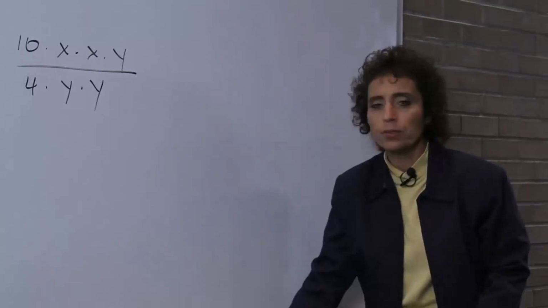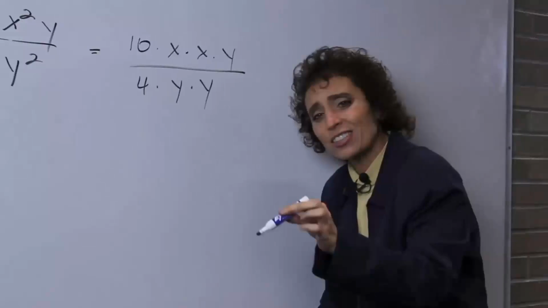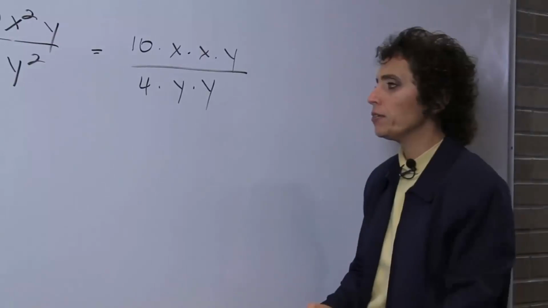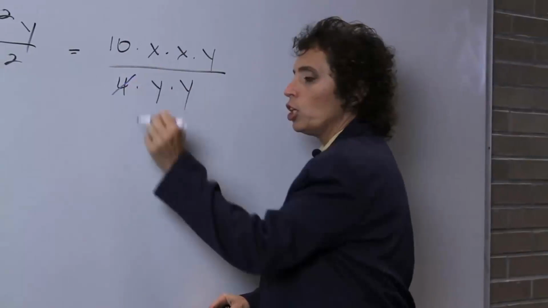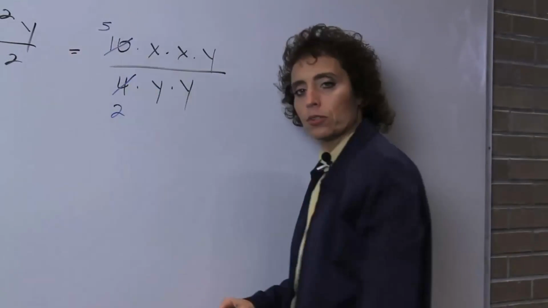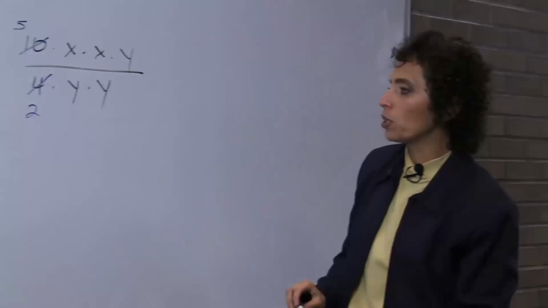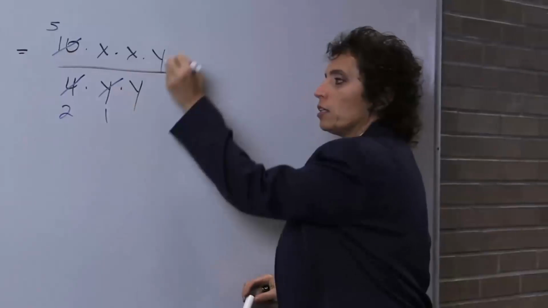All right, here we go. Let's go to numbers first. You have to pick a number that divides into both 4 and 10 without a remainder. That number is 2. 2 goes into 4 twice. 2 goes into 10 5 times. Now we'll go to the letters. Good night, y. Good night, y.